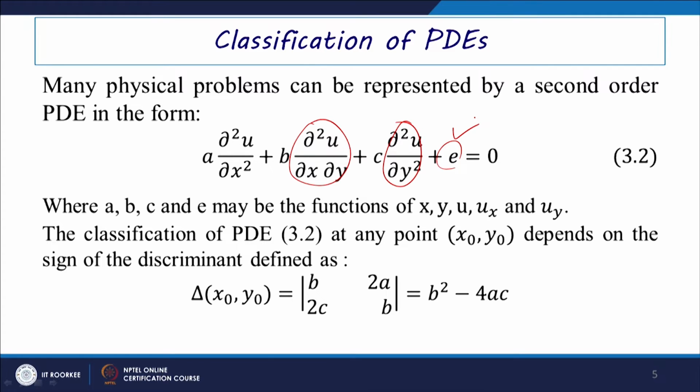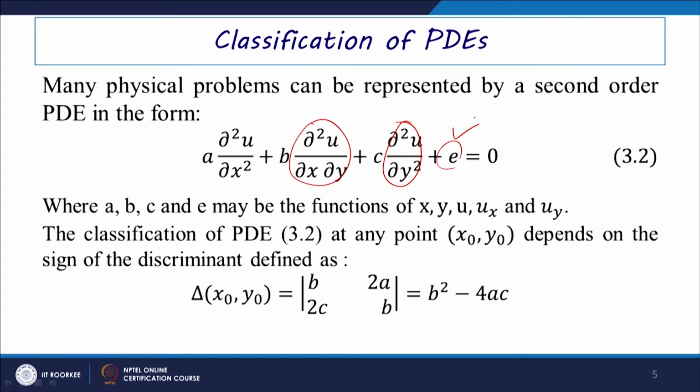So, if the partial differential equation in second order form can be expressed as a del square u by del x square plus b del square u by del x del y plus c del square u by del y square plus E equals to 0, where a, b, c and E may be functions of x, y, u, ux and uy.